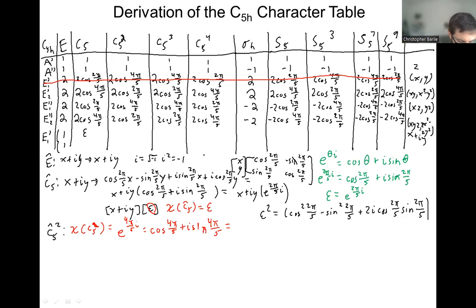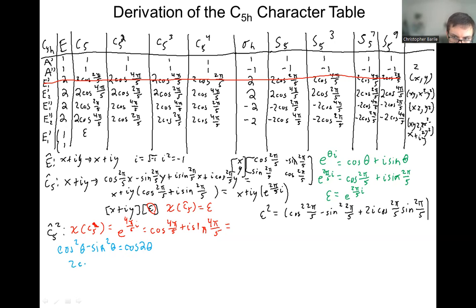Earlier we were talking about how cosine squared of anything, let's use theta, minus sine squared theta equals cosine 2 theta.